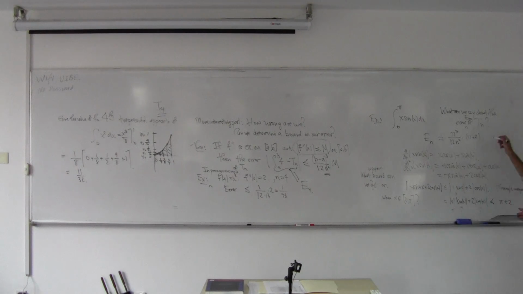So we get pi cubed times (pi plus 2) over 12, times 1 over n squared. That's how wrong our nth approximation could be. That's the worst our nth approximation could be.